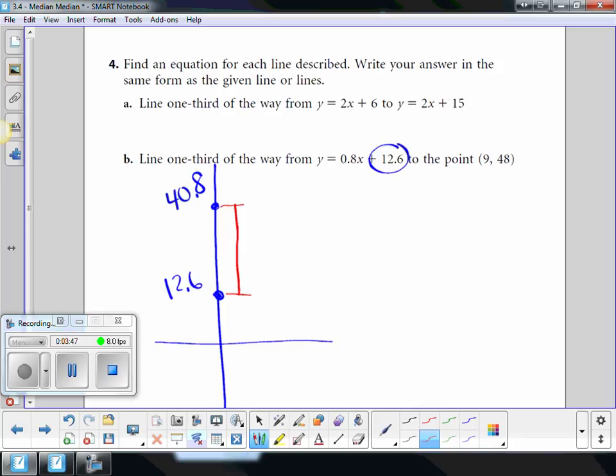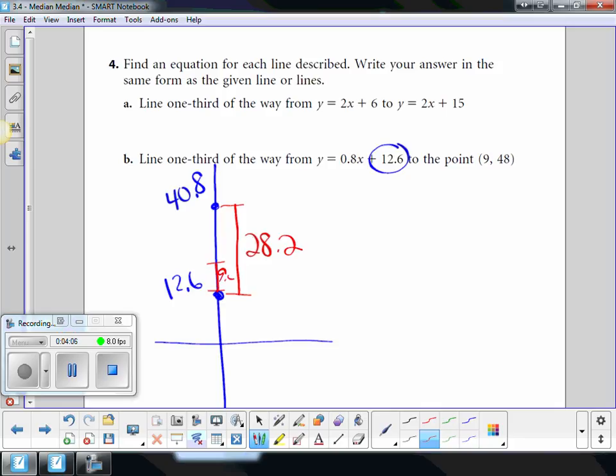28.2? That's 28.2, but we only want a third of that. So divide by 3. So what would 1/3 of 28.2 be? 9.4.